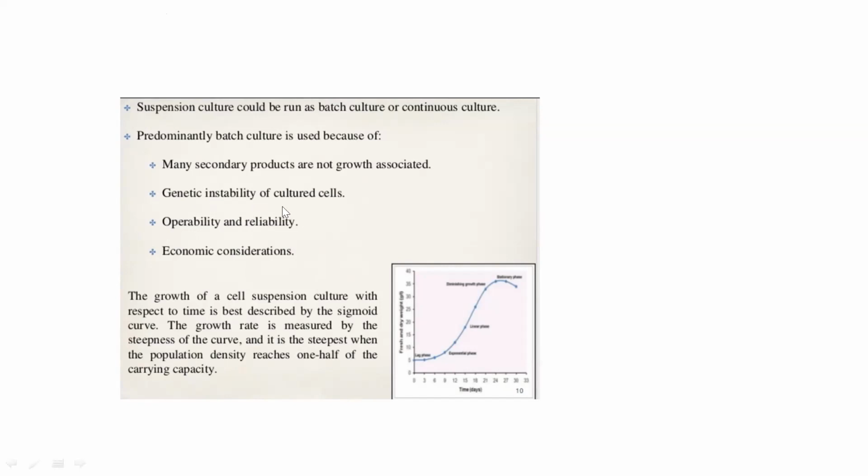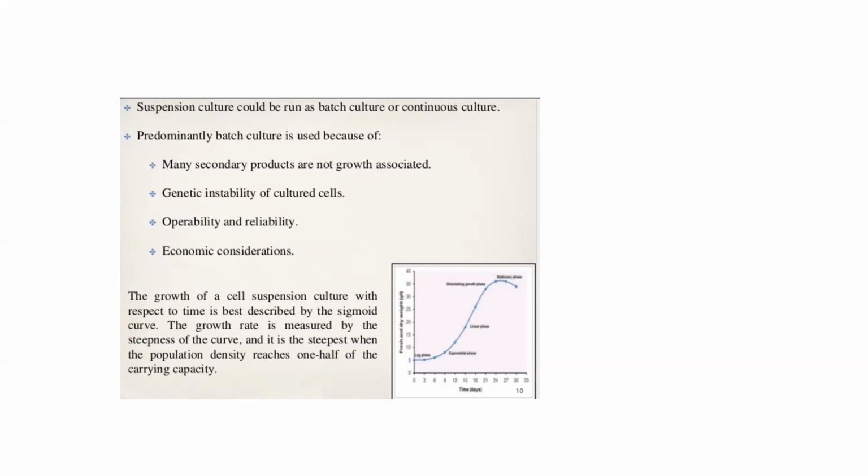Then there is operability and reliability, because operating a batch culture is easier and less costly. Those are the economic considerations. Operationally, batch culture is easier because you are dealing with only one at a time. It is also more reliable, because the result from a batch culture is more reliable than the result from a continuous culture.